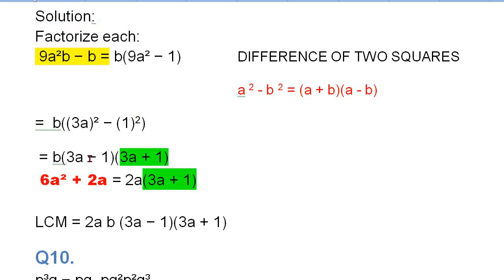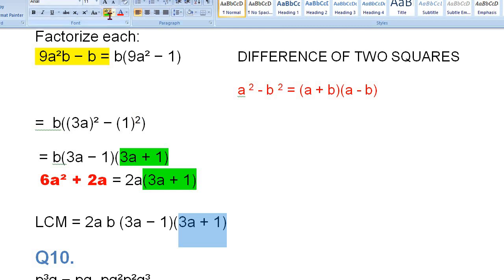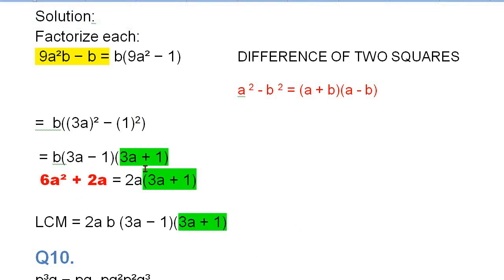We have 3a minus 1, and 2a and b. Take the common term only one time: 3a plus 1. Then take all the other remaining terms, 3a minus 1 and b and 2a. This is your LCM. So LCM is basically the HCF multiplied by the remaining portions.